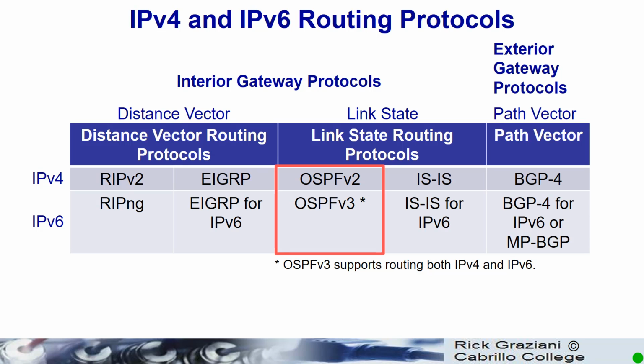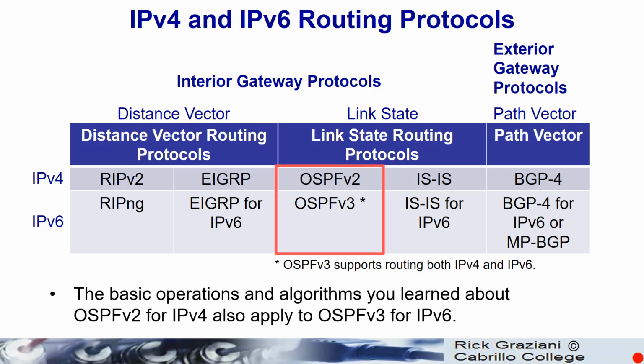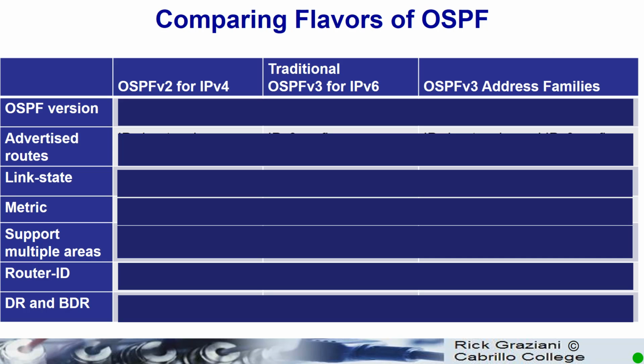Again, we're looking at OSPF version 3, and this is one protocol that's kind of interesting because it supports routing of both IPv4 and IPv6. So you don't have to worry about doing two separate instances of a routing protocol, because this one routing protocol does both.